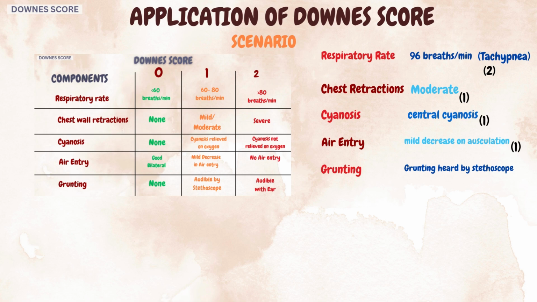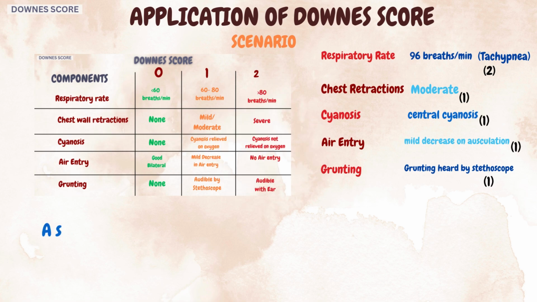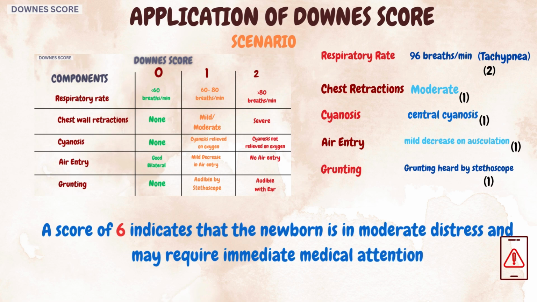So, as per the table, the newborn will get a score of 1. When all the components of Downey's score are summed up, the newborn comes up with a score of 6. So, a Downey score of 6 indicates that the newborn is in moderate distress and may require immediate medical attention.